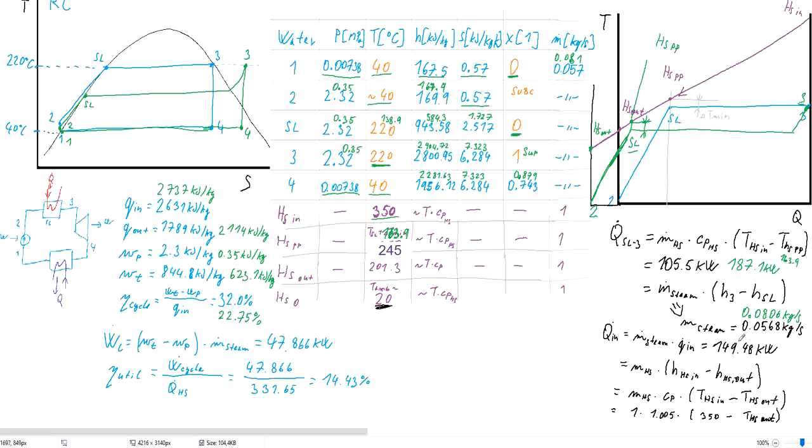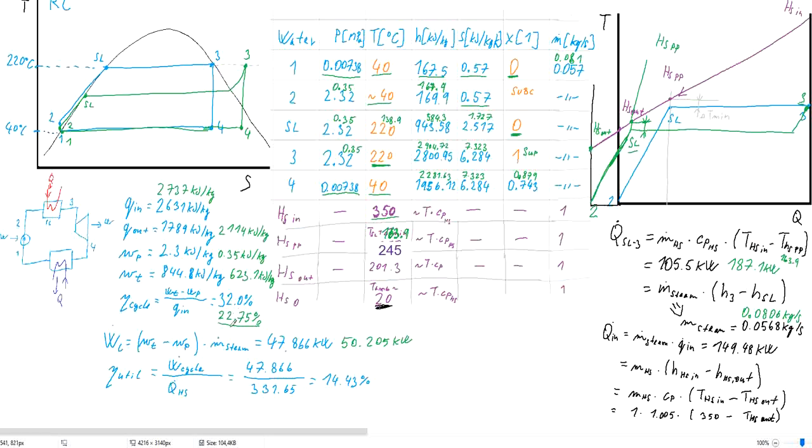So from that we can get the work of the cycle, and the work of the cycle in this case actually turns out to be higher, turns out to be 50.205 kilowatts. How is that possible since we have lower efficiency of the cycle?